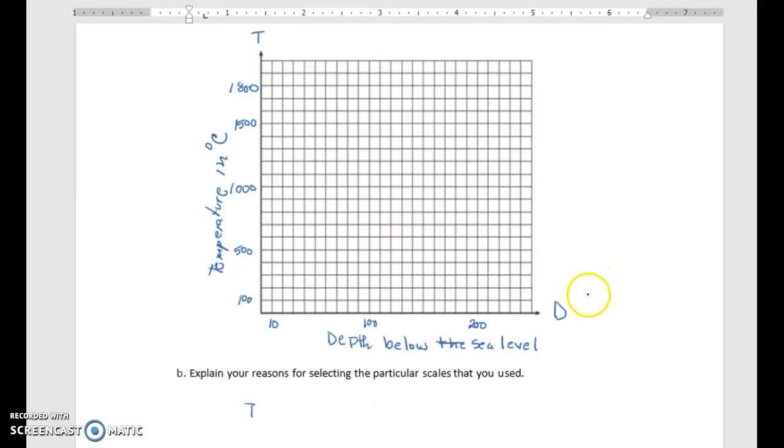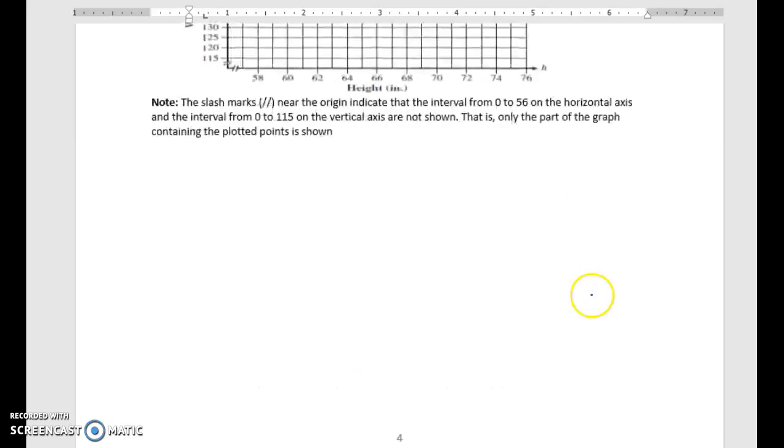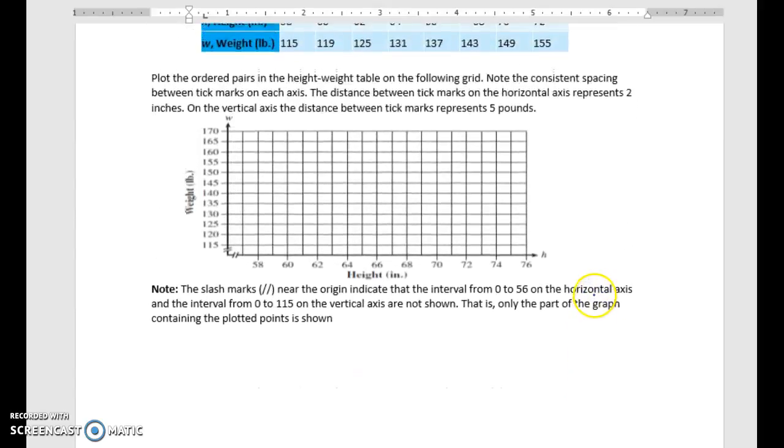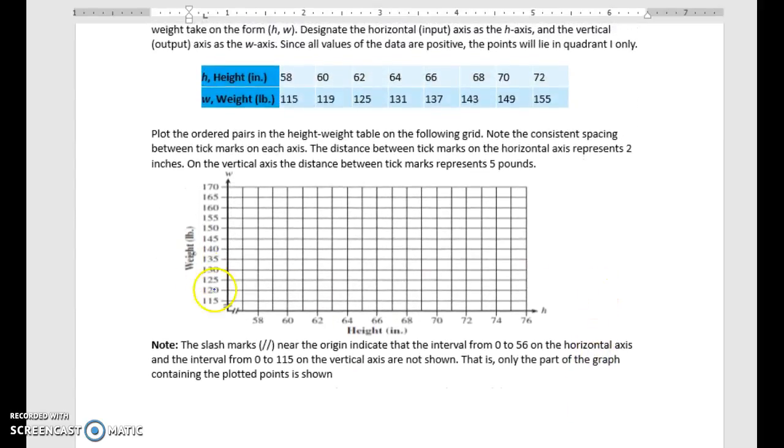And then lastly, I just want to point out that there is a statement in the very last part of this problem, and it's talking about if we want to change the scaling. In other words, we don't need anything between 0 and 57 since our data actually starts at 58.